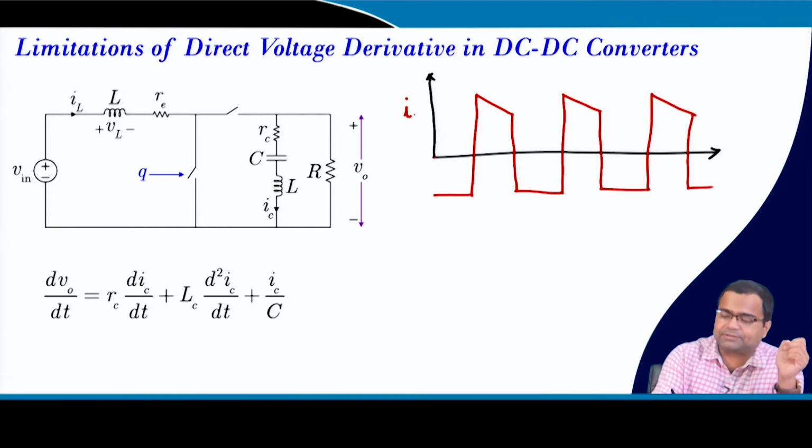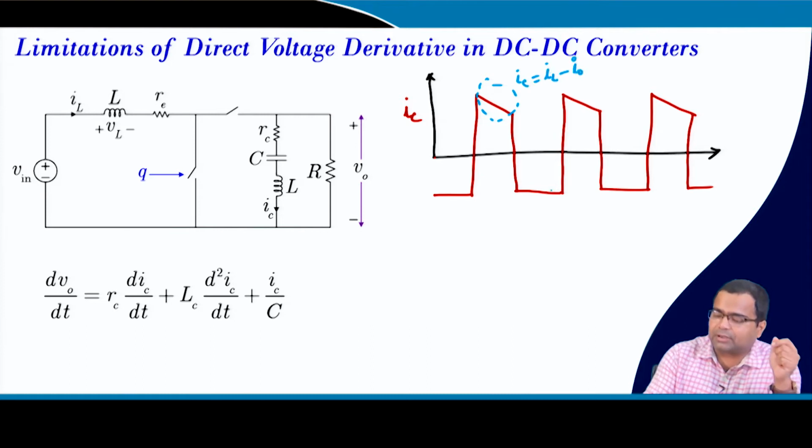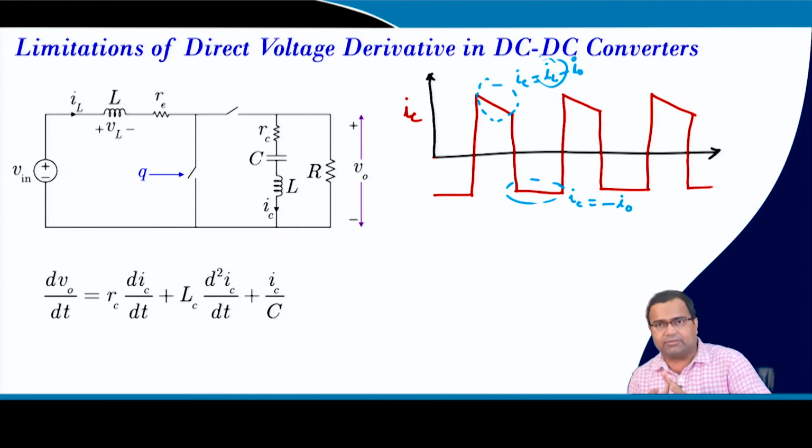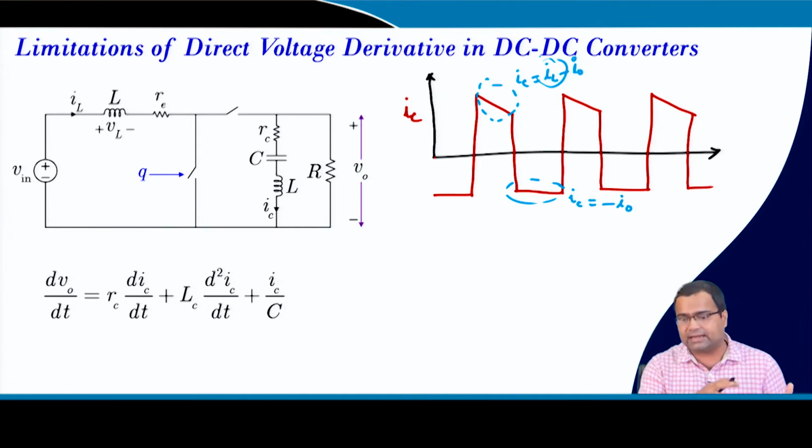So, this is my capacitor current. During this particular duration the capacitor current is IL minus I0, and during this duration the capacitor current is simply minus I0. So, there is a discontinuity due to the inductor current, because it is getting connected during the off time and disconnected during the on time.